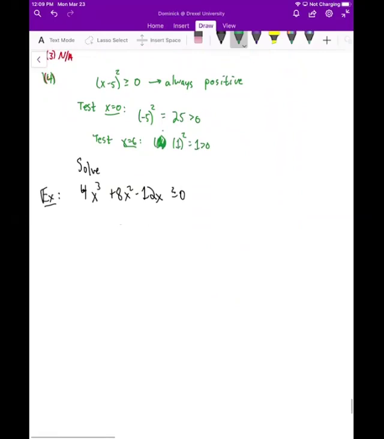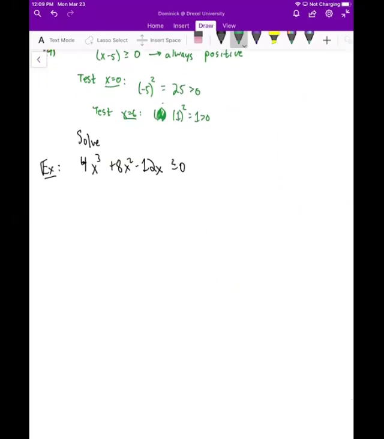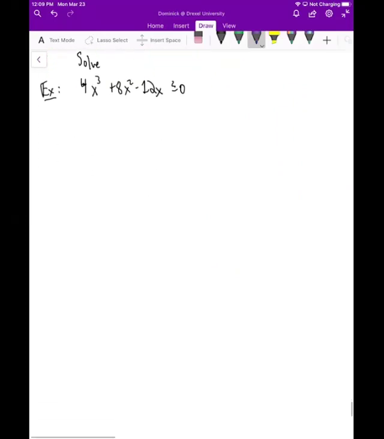Okay, let's look at one more that's a little bit more tricky, but nothing that we can't handle. Again, first thing we'll do is look at this as an equation to get our boundary points. The first thing that you would hopefully notice is that we can factor out a 4x, and we would get x squared plus 2x minus 3.